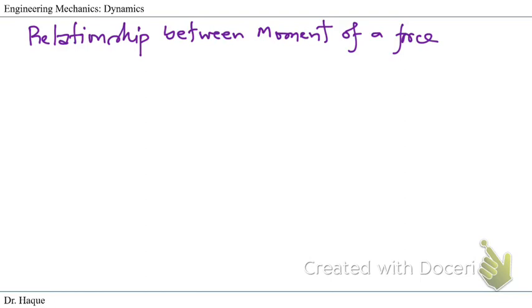You should already have an idea of what moment of a force is from statics.